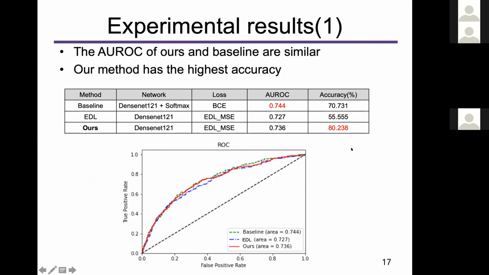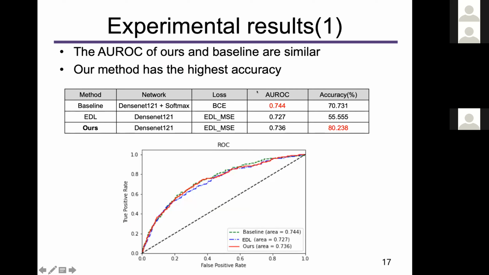So this is the experimental result. We compare the baseline, which is CheXNet, the second one is EDL, and the third one is ours. As you can see, the network is the same. This one is DenseNet, and we use DenseNet 121. The baseline uses binary cross entropy loss, while EDL and ours are using EDL MSE with these evidence values.